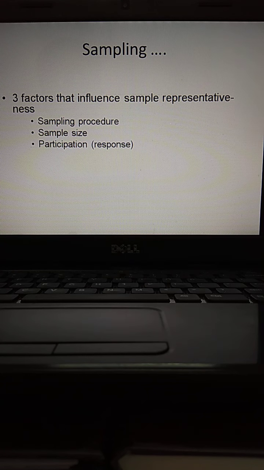Sample size is based upon the population; you need a sample size which is convenient and which will help you extract the entire information about the population. Hence the size of the sample is very, very important.